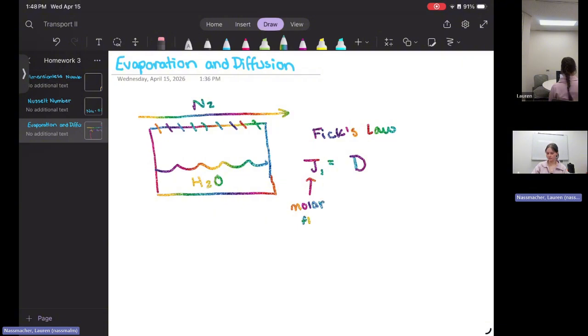Our diffusion coefficient is going to explain to us how likely a material is to want to diffuse. And in reference to that, diffusion works with a concentration gradient. So we're going to multiply that diffusion constant by a concentration gradient.